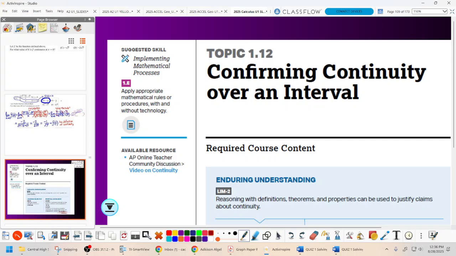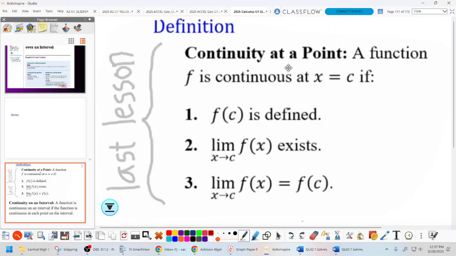So maybe come back to it and rewrite the title into something that means more to you. Because what we're actually doing here is analyzing where any given function is continuous. And we have to take its domain into account. The word confirming is a little bit weird in my opinion.